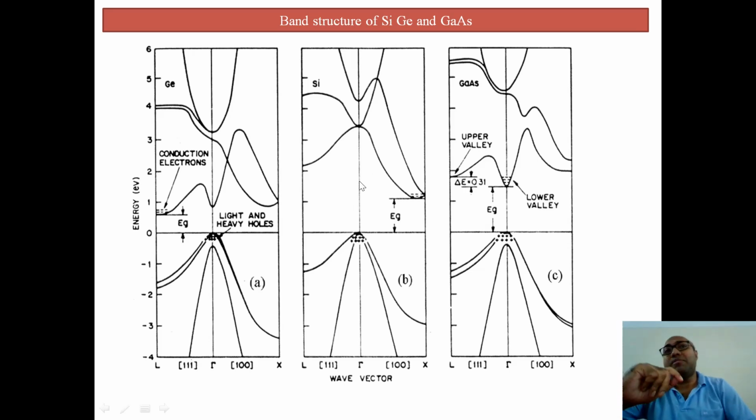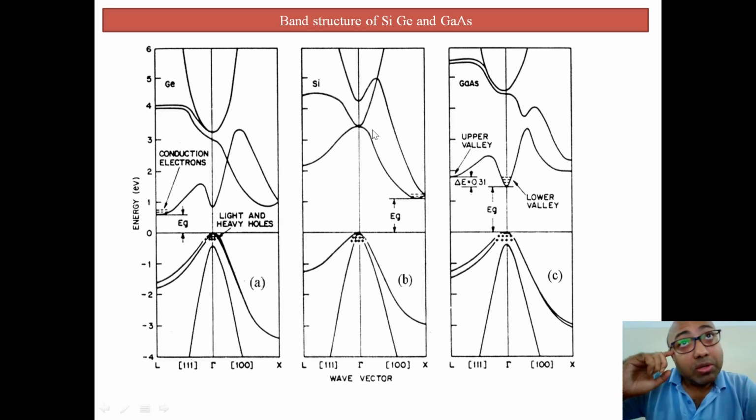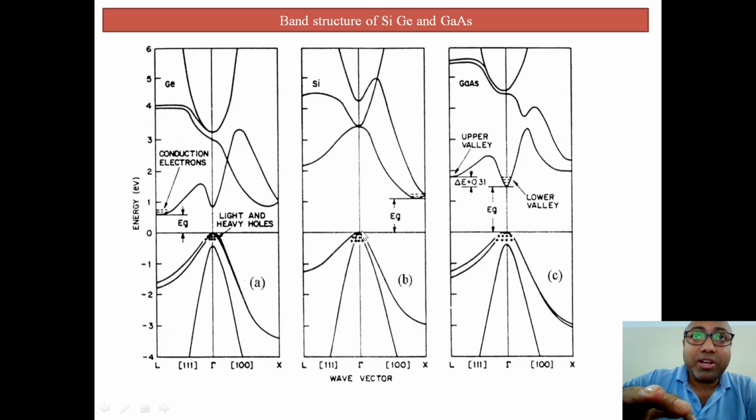But if you carefully see, silicon is the most popular one, I guess. So you see that we have a conduction band, sorry, this is the conduction band, the valence band, and this is actually EG, the band gap. Can you just check? This is my valence band, this is my conduction band, right? Conduction band bottom and valence band top.